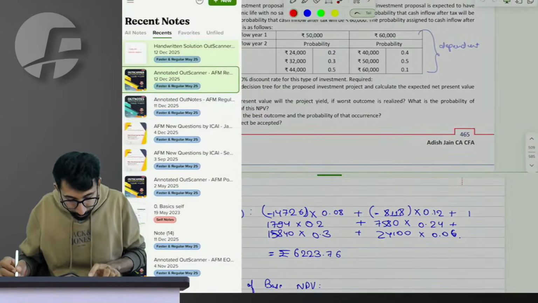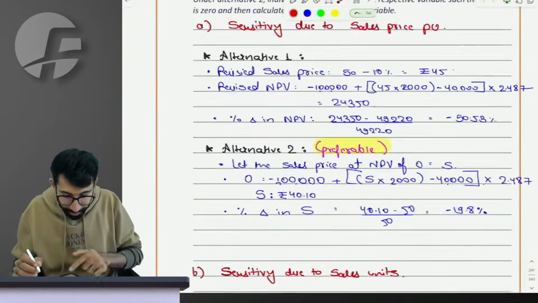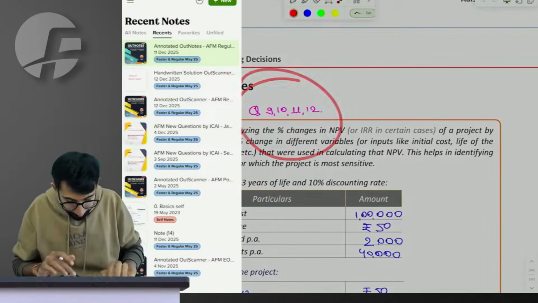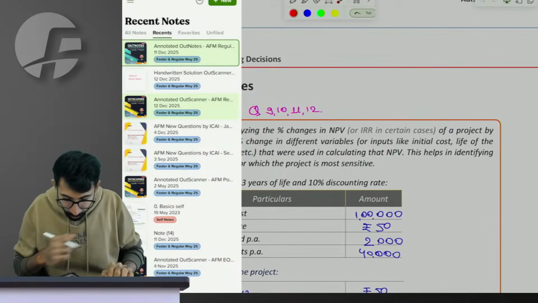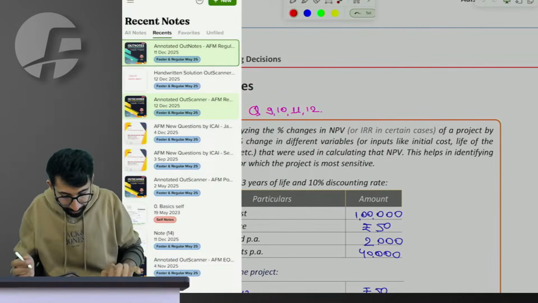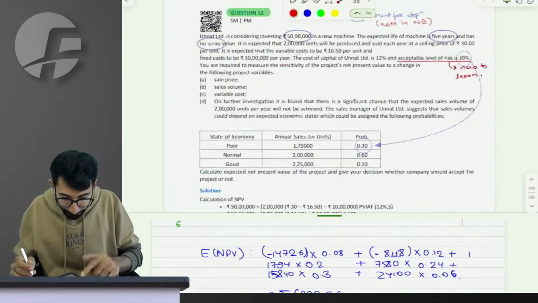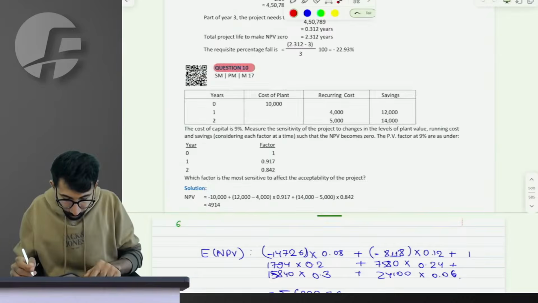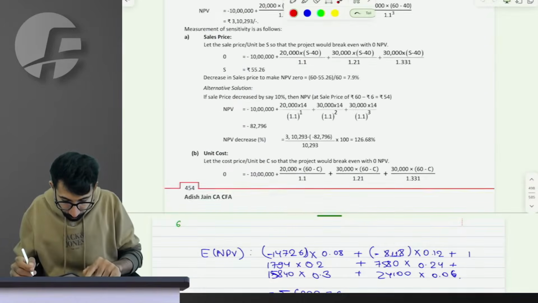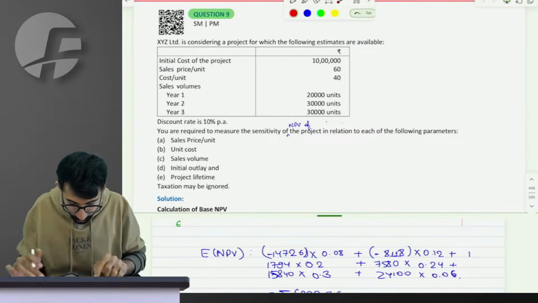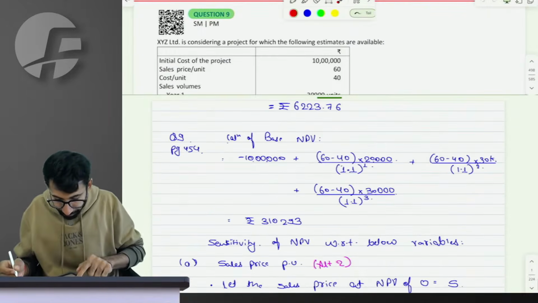Let's solve the first practical question of this category as question number 9. Let me observe what has 9, 10, 11 and 12. Give me a minute. Let's solve first question as question number 9.